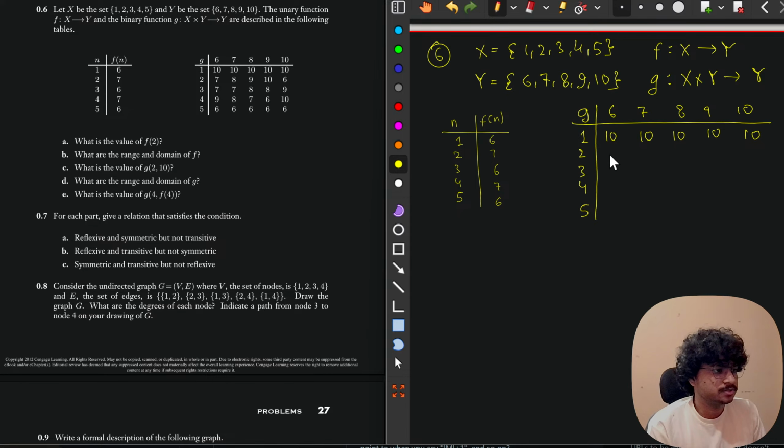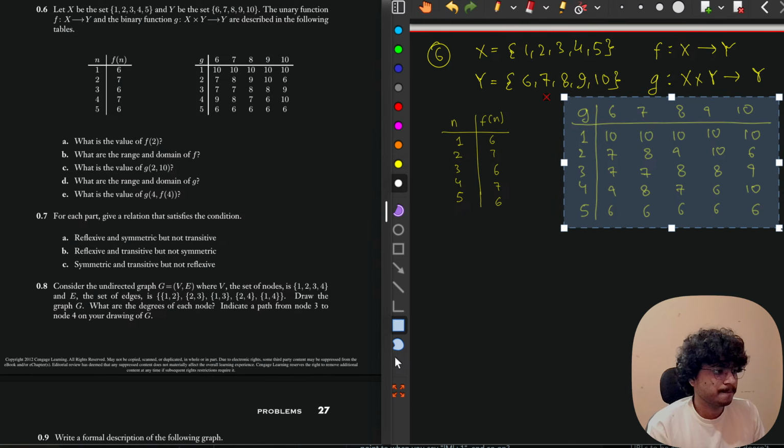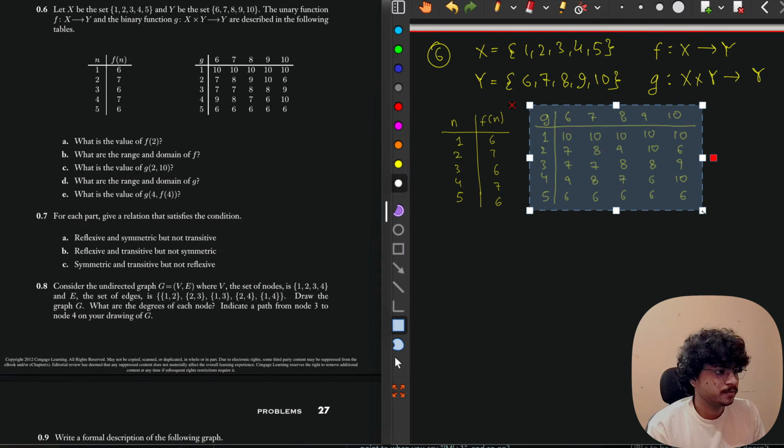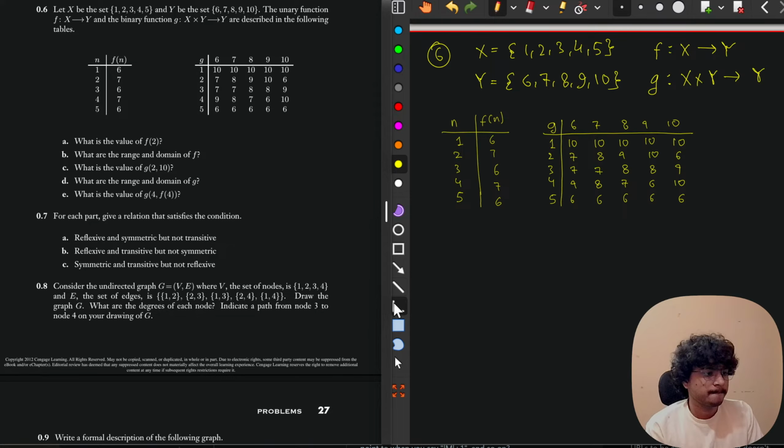Now we have 7, 8, 9, 10, 6, 7, 8, 8, 9, 9, 8, 7, 10, all 6. F of 2 equals 7.